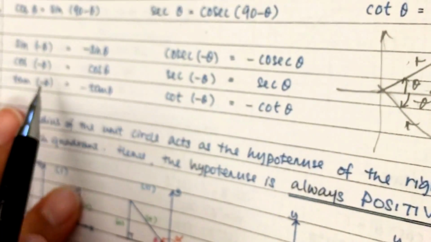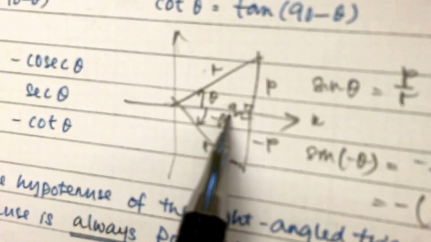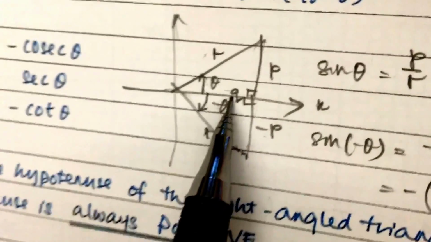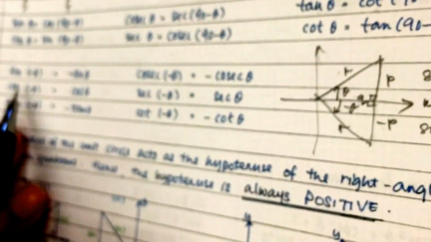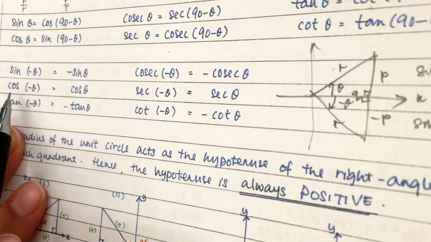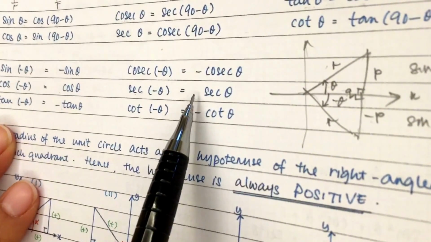Then tangent needs the negative, because tangent is P over Q, so tangent of negative theta is negative P over Q. So I need the negative. That means only cos doesn't impose the negative. So secant follows the characteristics of cos, so secant also doesn't impose the negative.